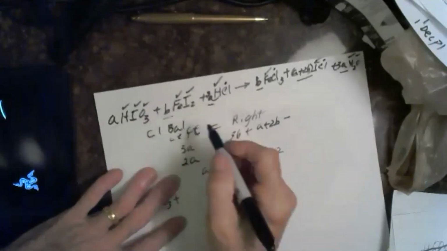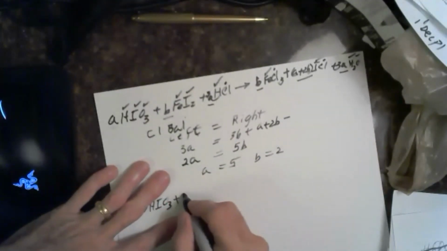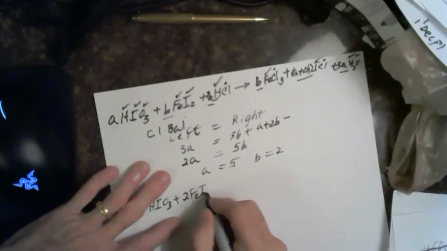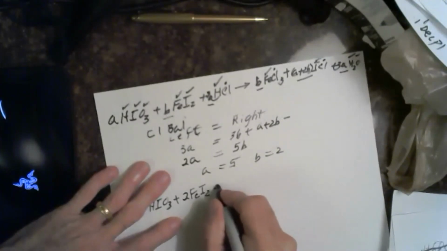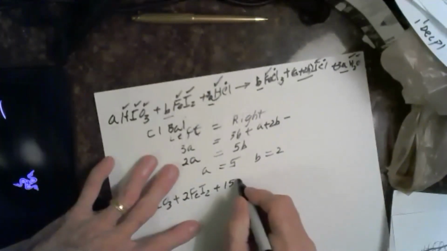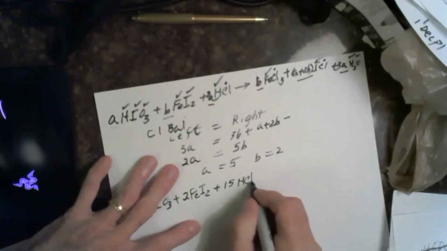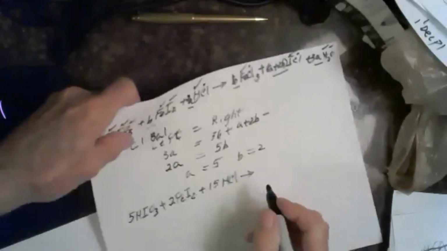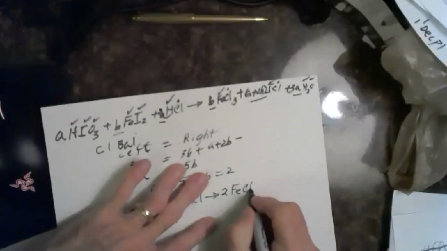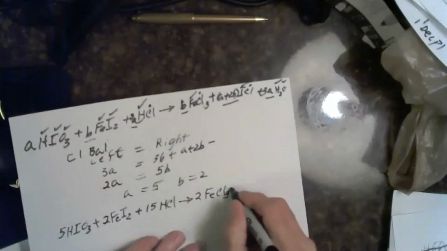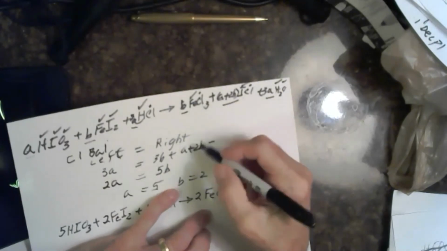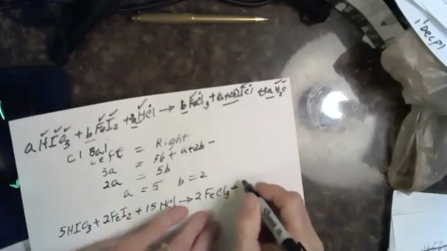Now, B is 2, and so I want 2 FeI2, and HCl 3 times A is 15 HCl, and B is 2 FeCl3. And now A plus 2B, A is 5 and 2B is 4.